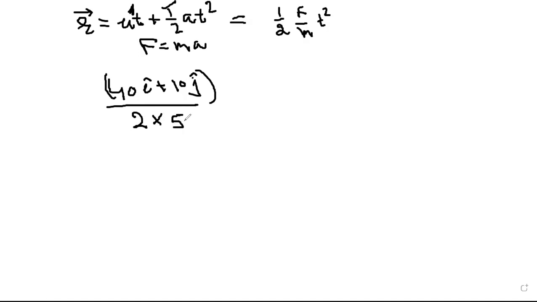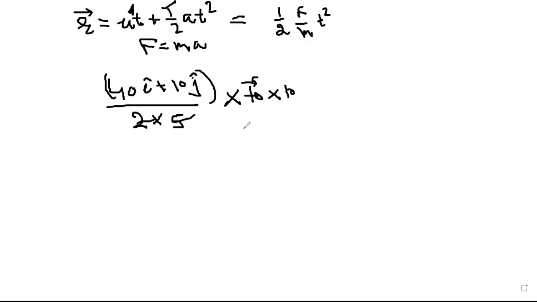Time is given as 10 seconds, so 10 multiplied by 10. Here this 5 cancels out.